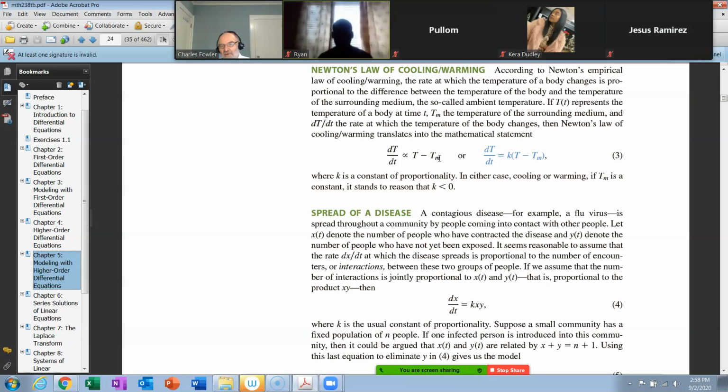Okay, so the rate at which that turkey is going to drop its temperature is going to be pretty high to begin with, because the difference in temperature is pretty great. But then once the turkey cools off some, the difference in temperature is not as great, so the rate decreases. Okay, so the change of temperature is proportional to the difference in the temperature of the object and the ambient, or surrounding medium, temperature.